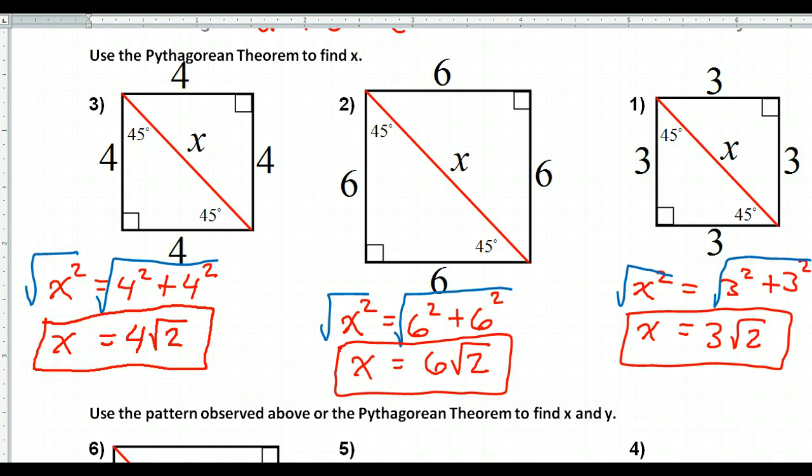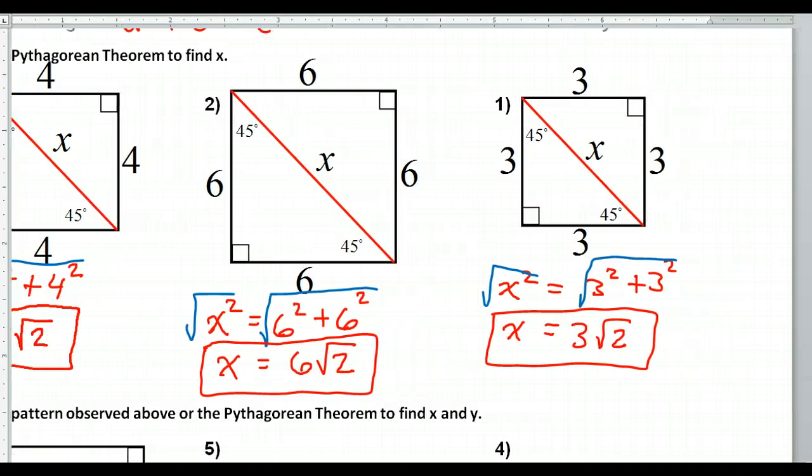Now, can you see the pattern? When the sides of the square were 3, then the diagonal here was 3 radical 2. When the sides were length 6, the diagonal turned out to be 6 radical 2.